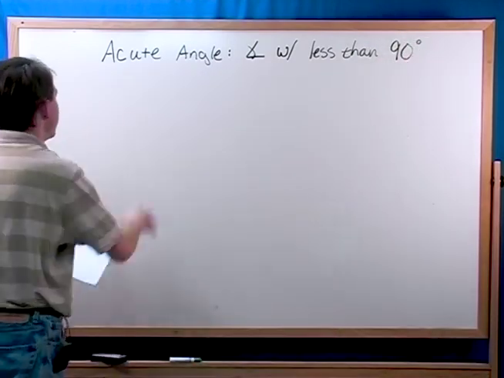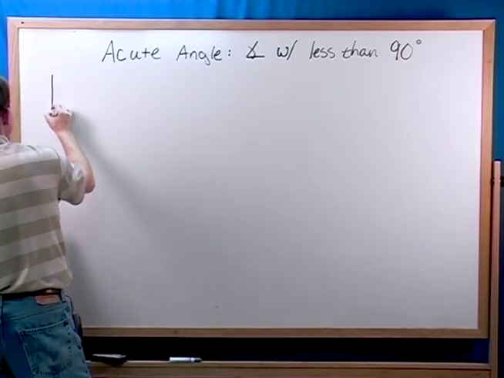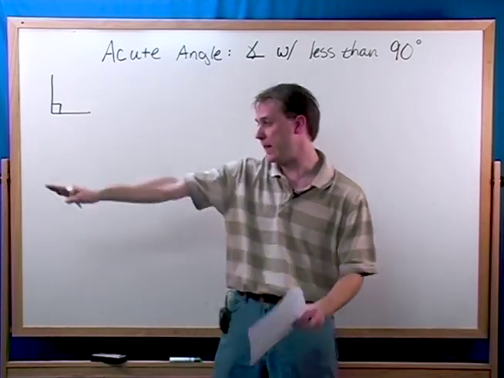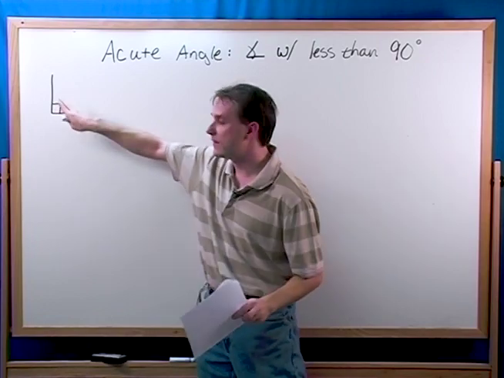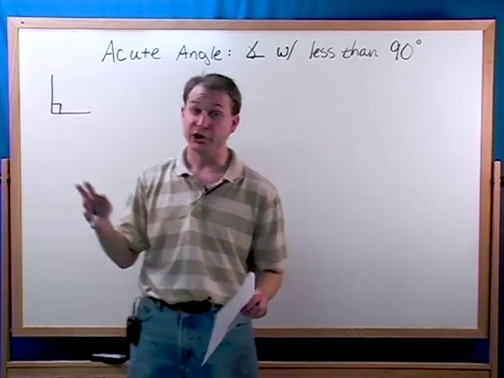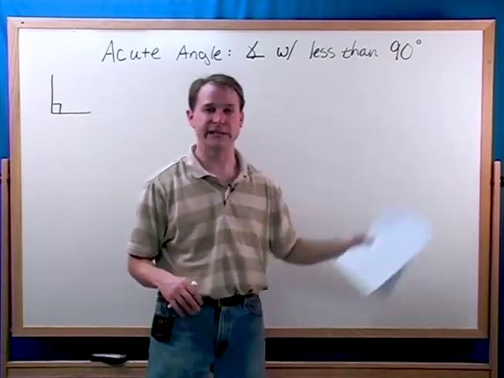That's all that means. Acute angle is an angle with less than 90 degrees. So just remember here, okay, this is a right angle. That means you have a line and you have a line perpendicular to it that goes straight up and down like this. That is a right angle, okay? That's a 90-degree angle. Acute angle is an angle with less than 90 degrees, okay?